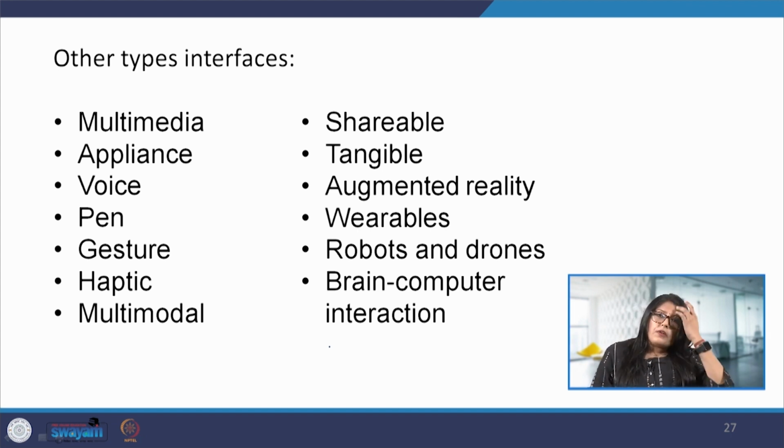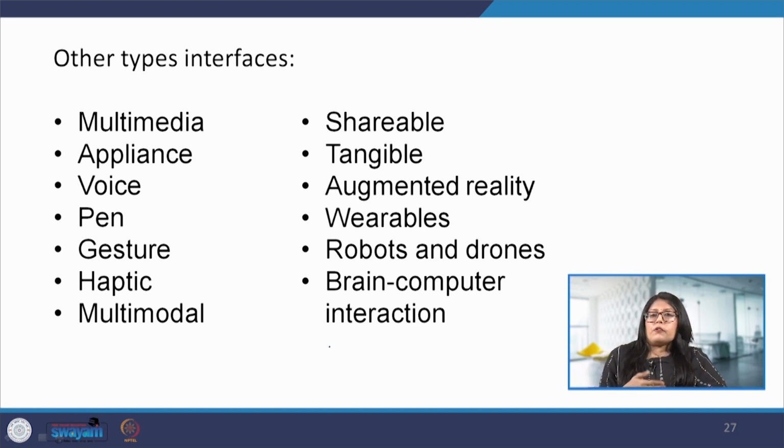Some other types of interfaces we can see are multimedia and shareable interfaces. Shareable interfaces are also a very interesting area of study, because it has been found that when people interact on a shareable device, they learn better and also get to see the response of the other person quickly.